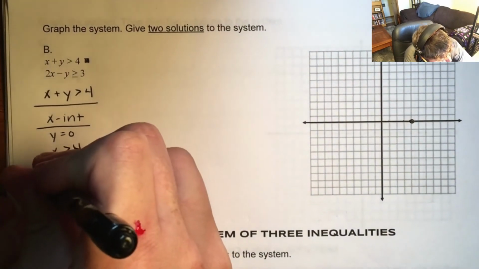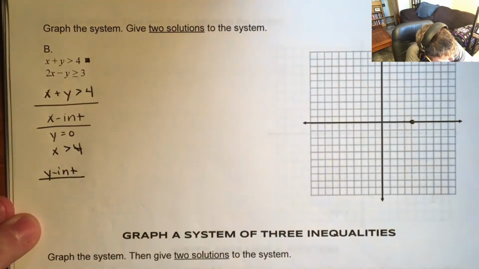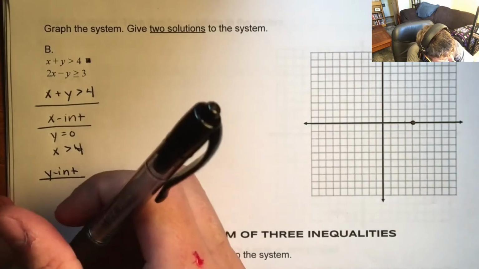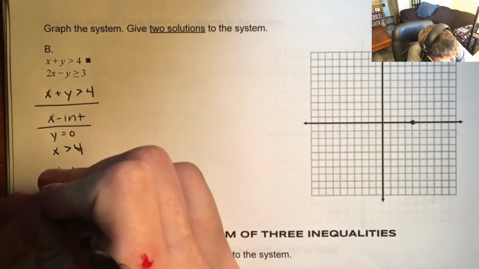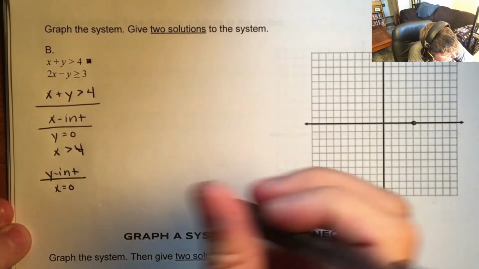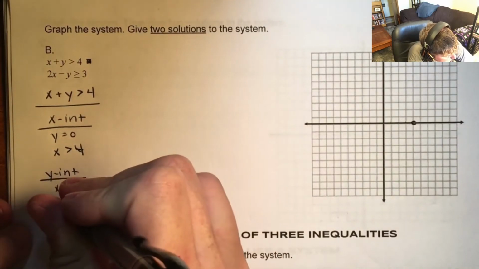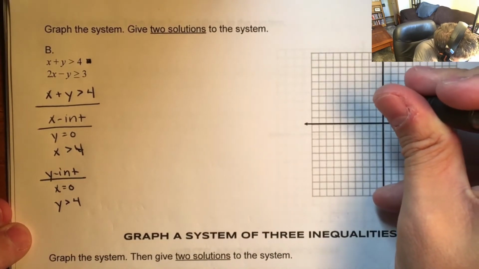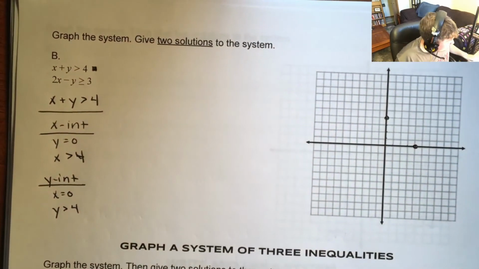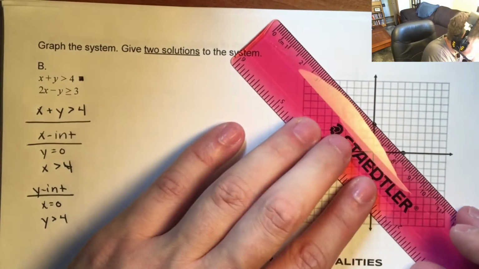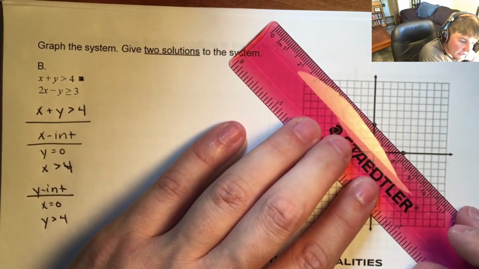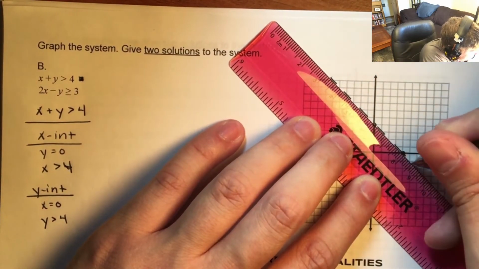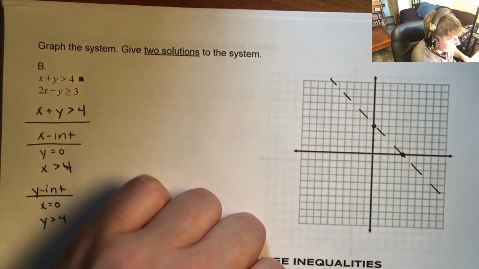Then I have to find the y-intercept. I know x is 0, so that means y is also greater than 4. And then this line here, when I connect my dots, I am going to have a dashed line because it's just greater than, not greater than or equal to.